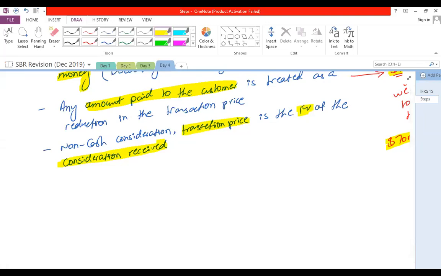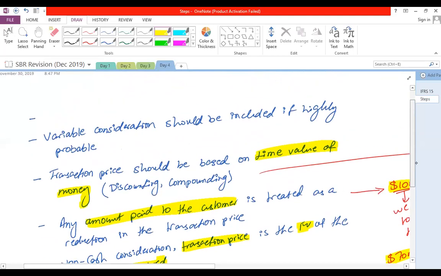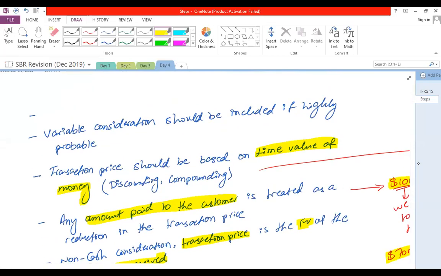Let's suppose that we are selling product A to someone, and in return the customer is going to give us product B. This means the fair value of product B is the selling price for product A. So whatever fair value we are receiving is the consideration that we are getting. This is how we calculate step 3 to identify the transaction price.